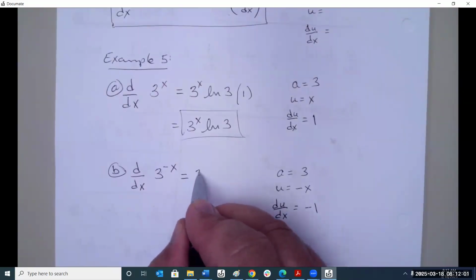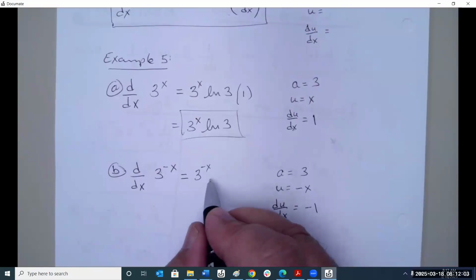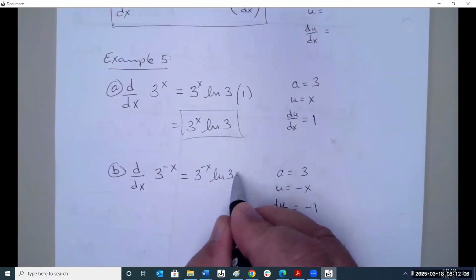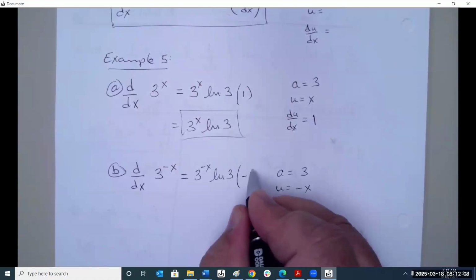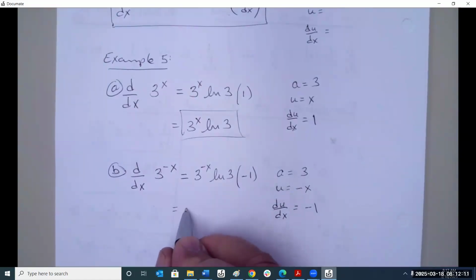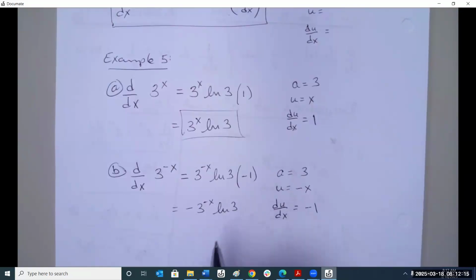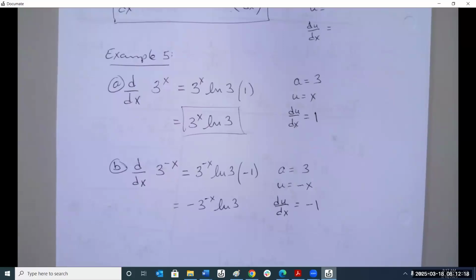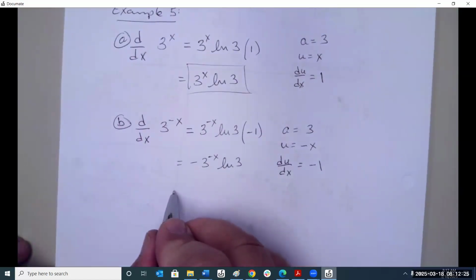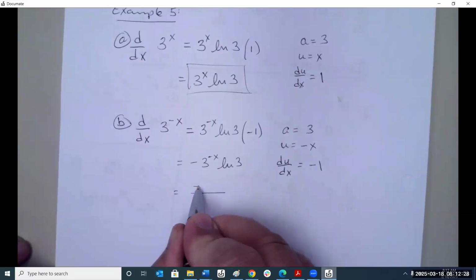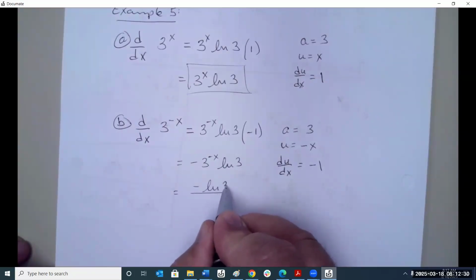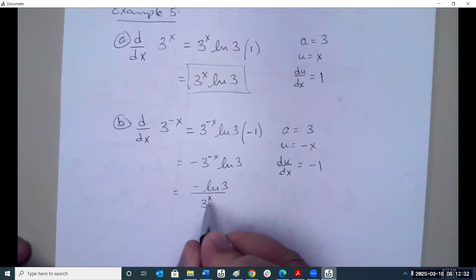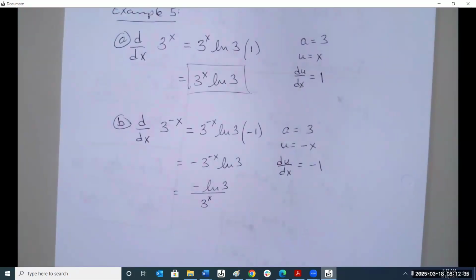So we have 3 to the power negative x ln 3 times negative 1. So the answer is negative 3 to the power negative x ln 3. And if you want to go further than this, it would be negative ln 3 over 3 to the power x, because of the negative exponent.